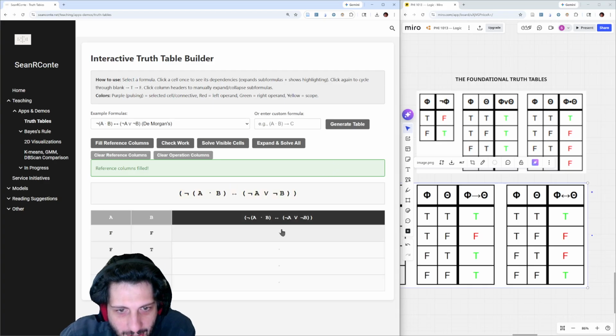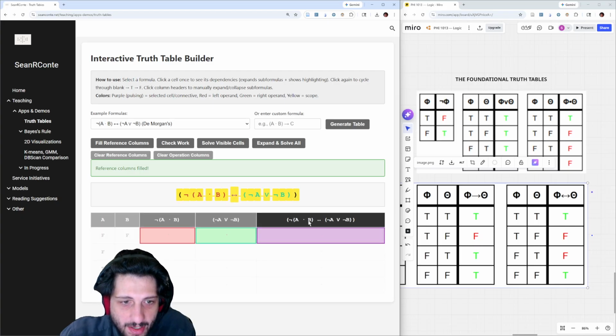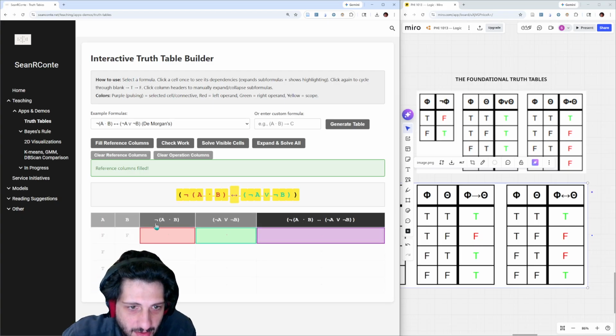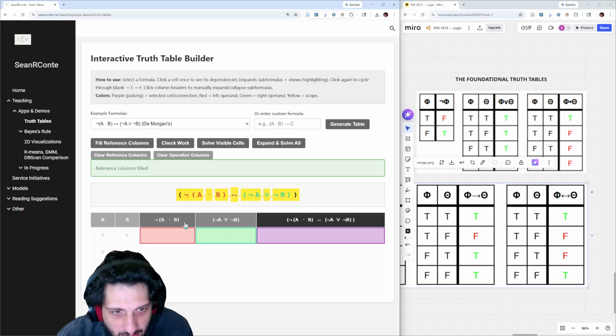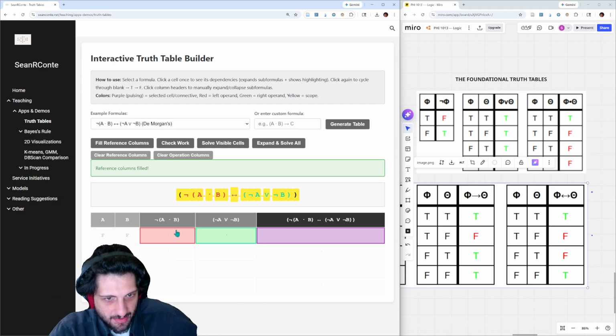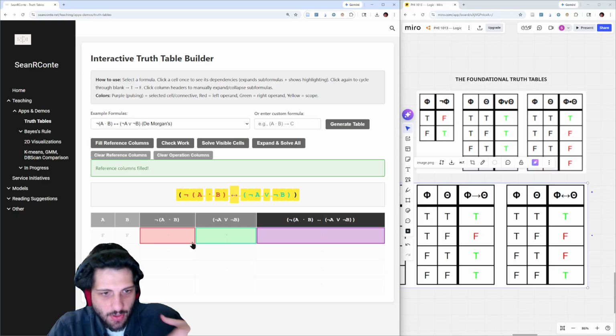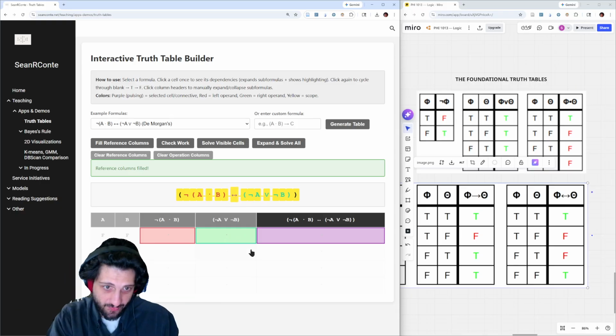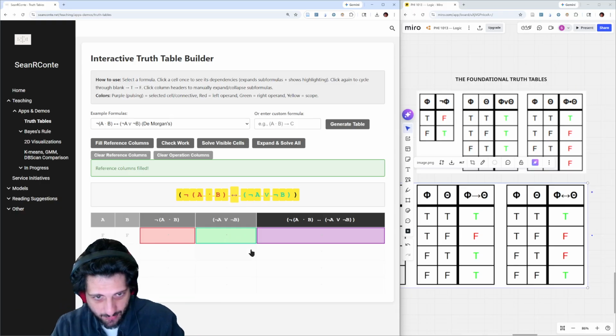I'm over here and I want to know the truth value of this statement. I know it's going to depend on the left side, not A and B, and the right side, either not A or not B. I just have my main operator, the biconditional, and then I have my left side and my right side. I need to do both of those things first before I can do the purple.